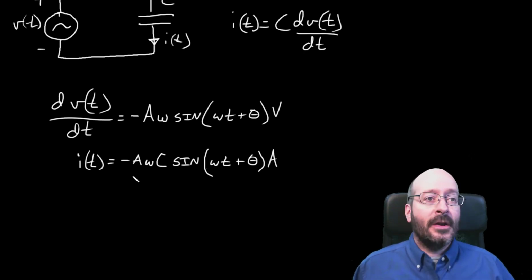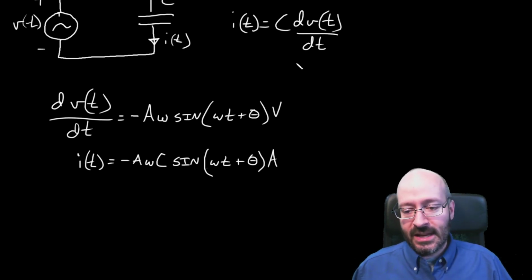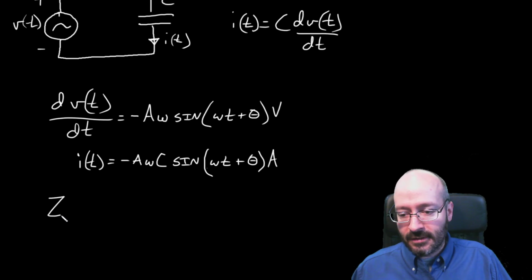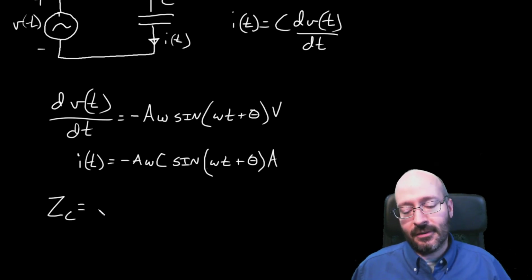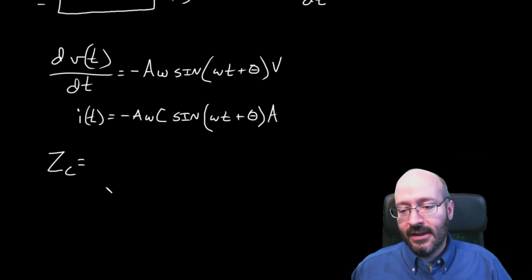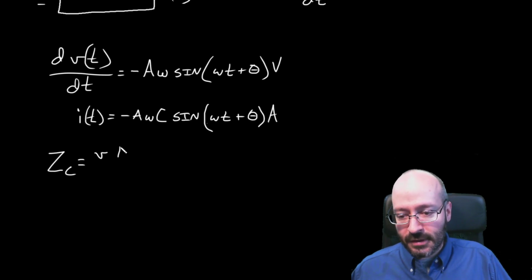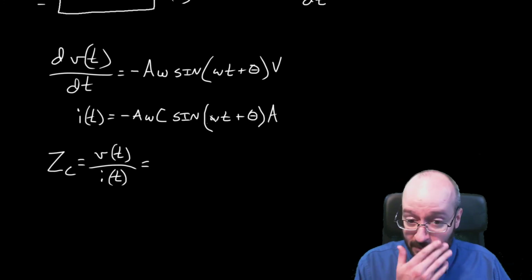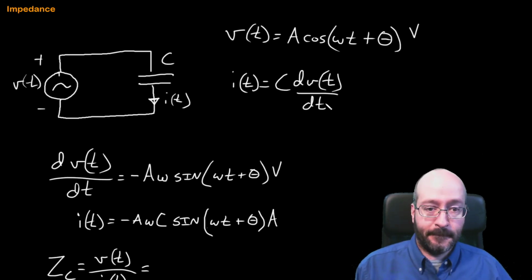Okay, so we have the voltage, we have the current. We want to figure out the relationship between the two, and we're going to call this Z sub C. The impedance of the capacitor, in this case, is the voltage divided by the current. So let's go grab that voltage.